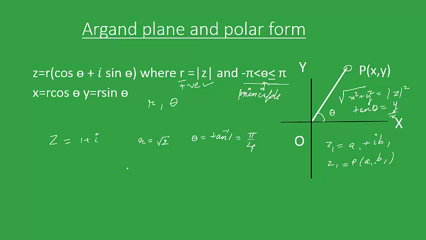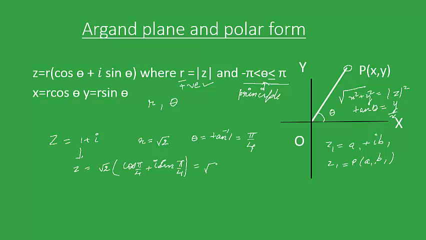Okay, so the same number can be represented in the polar form as z equals root 2 times cos of pi by 4 plus iota times sine of pi by 4. This is extremely helpful. Let's also give the Euler representation of this number.